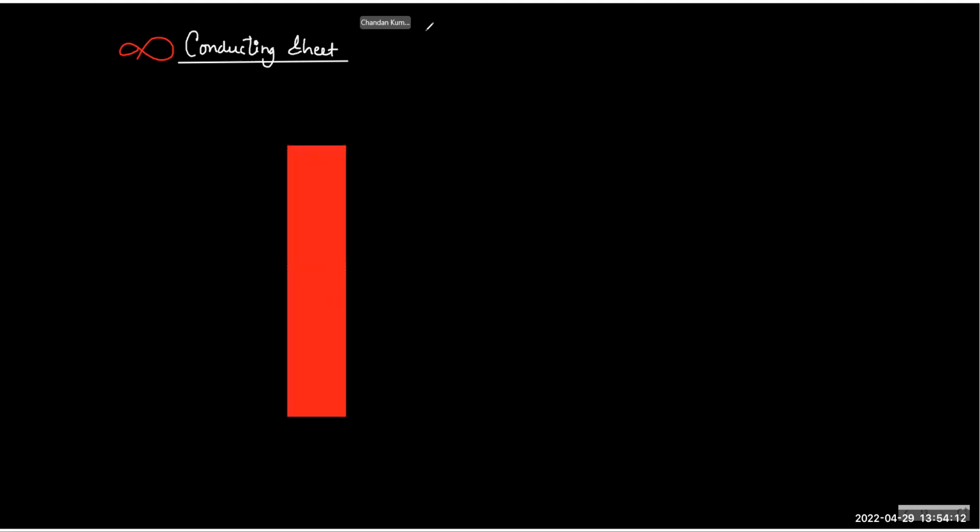Okay. And now the charge which, if you give charge to this sheet, the charge will only appear on the top layer on the right and top layer on the left, because the electric field within the conductor is zero. So a conductor will never accommodate extra charge in the volume. So any excess charge given to a conductor will only be part of the surface. So this is the two atomic layers which I am just exaggerating here.